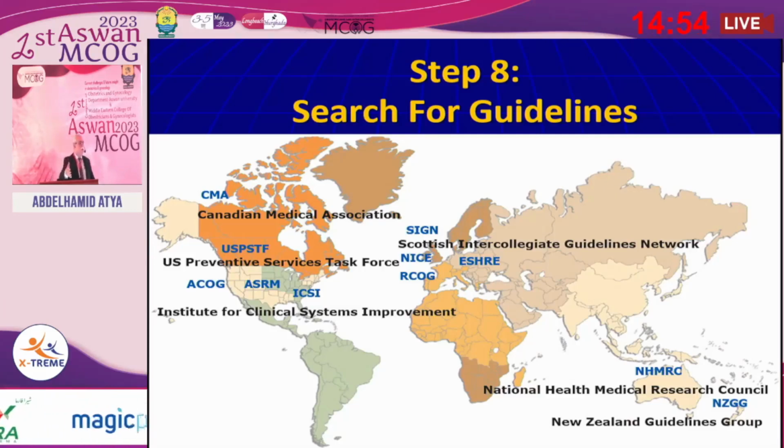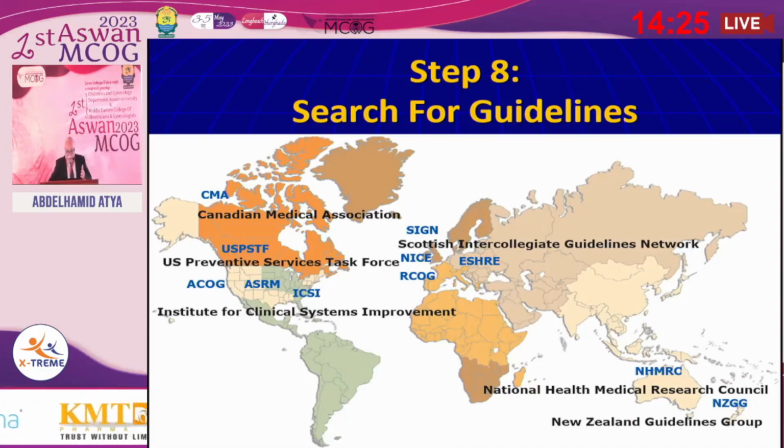Then in Europe, there is SIGN, the Scottish Intercollegiate Guidelines Network, NICE, the National Institute for Health and Clinical Excellence, ESHRE, the European Society of Human Reproduction and Embryology, the Royal College of Obstetricians and Gynaecologists. And even in Australia and New Zealand, they produce very high quality guidelines. These are the remarkable issuing bodies of guidelines.